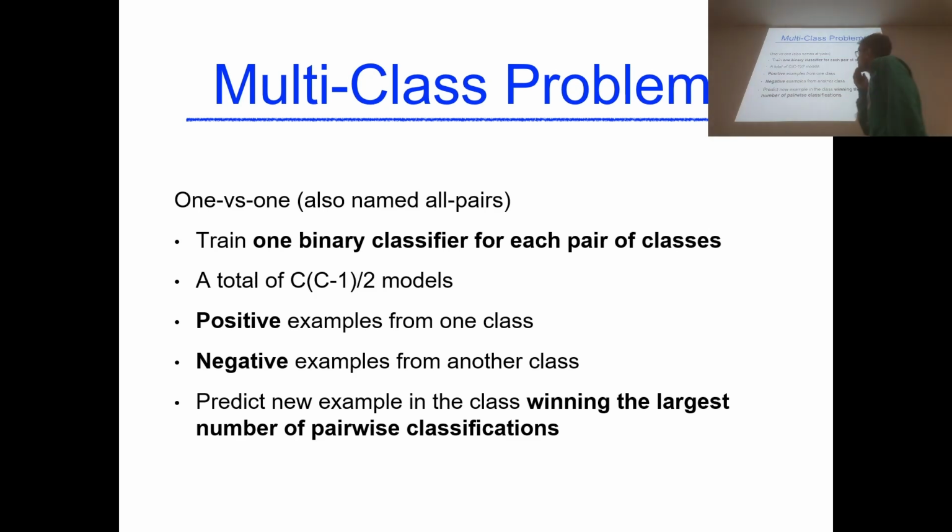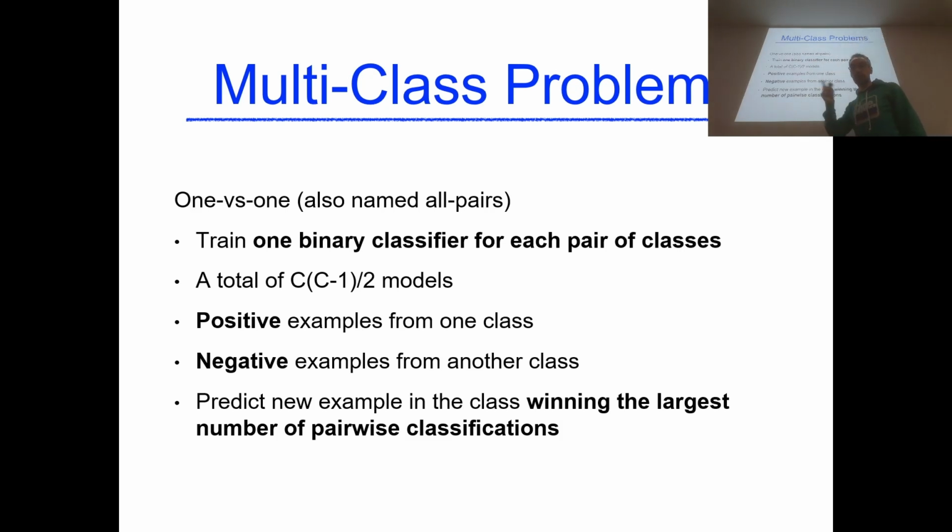The other technique, 1 versus 1, sometimes you can find it under the name all pairs, but honestly, at least in my experience, it is less common. It is usually called 1 versus 1. What do you do? You train a binary classifier for each pair of classes.